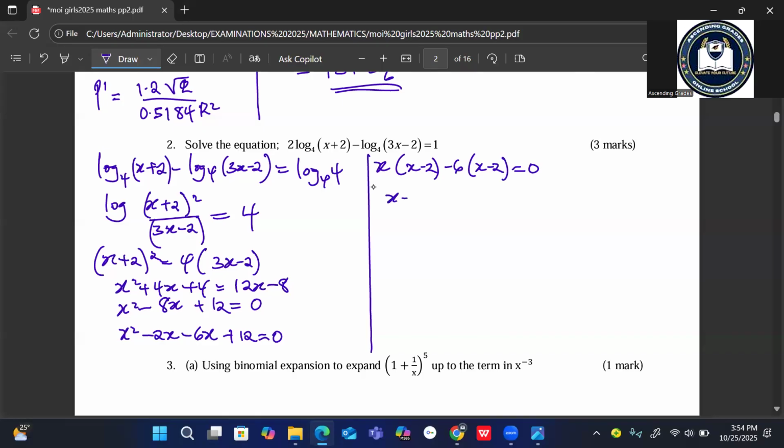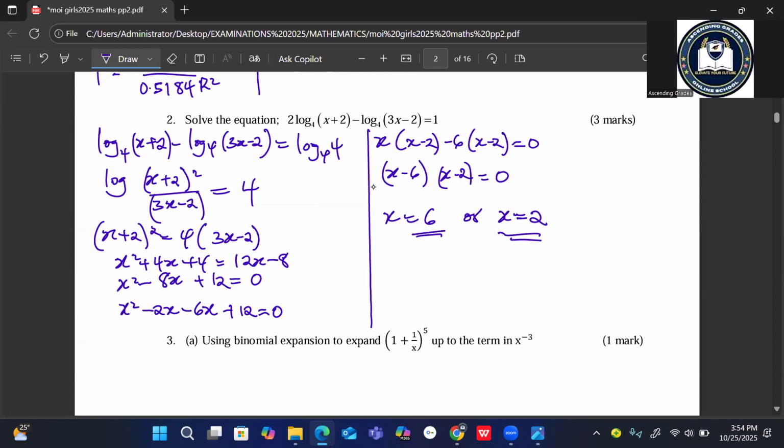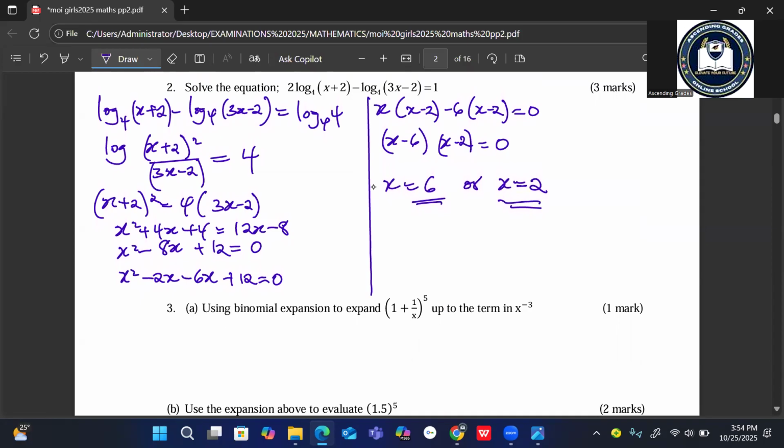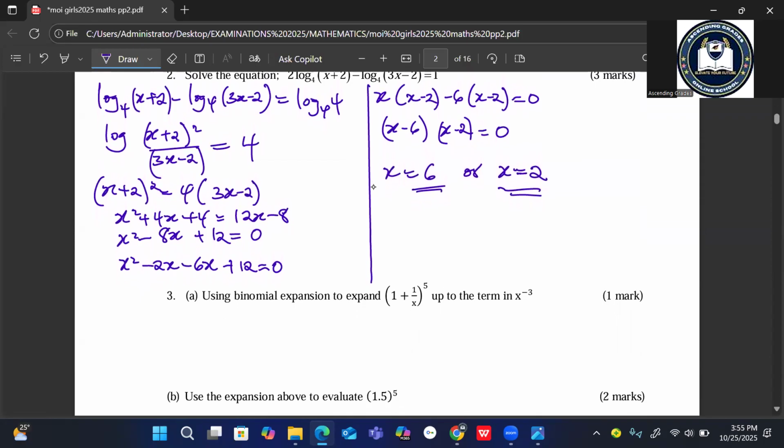So we have x minus 6, then x minus 2, which gives us 0. And with that, we get x equal to 6 or x equal to 2. So those are the two values of x in our question. That is how you get your 3 marks.